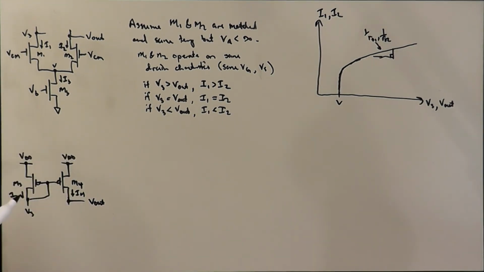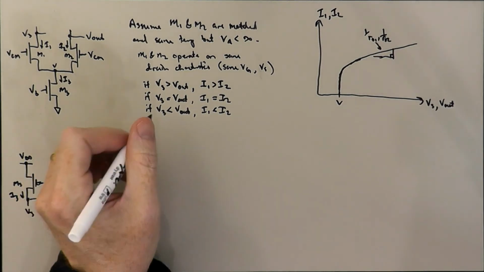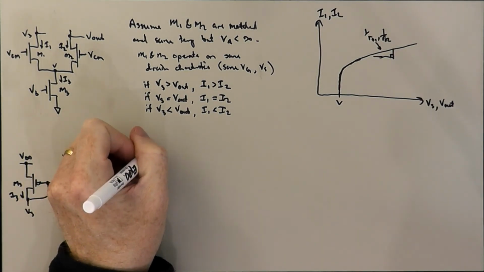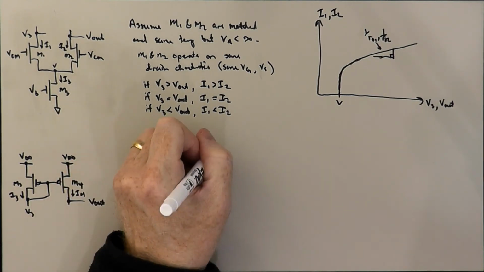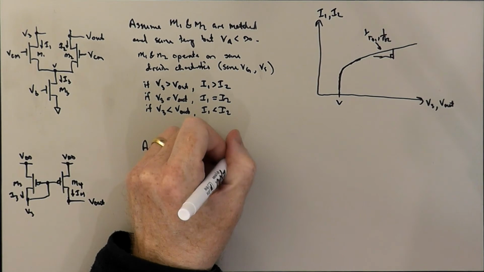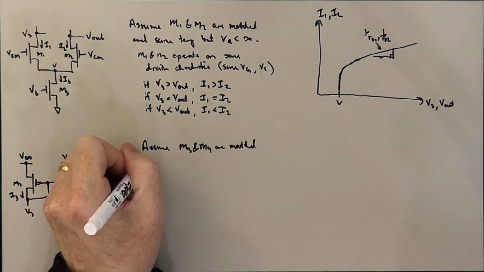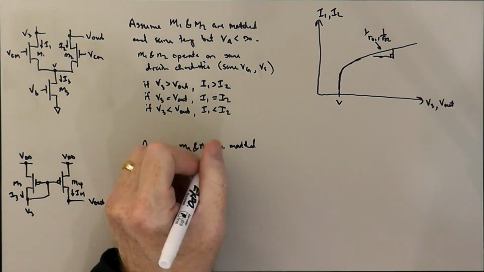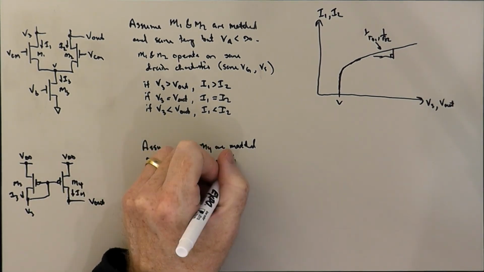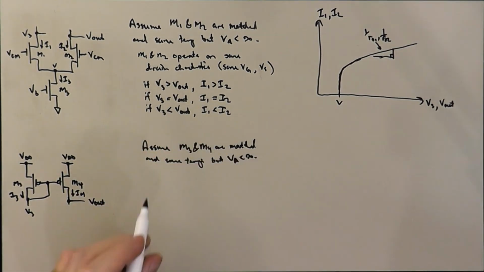We're going to assume again here that the transistors are matched, that they have a finite Early effect. Okay, so we're going to assume M3 and M4 are matched, and same temp, but VA is less than infinity.